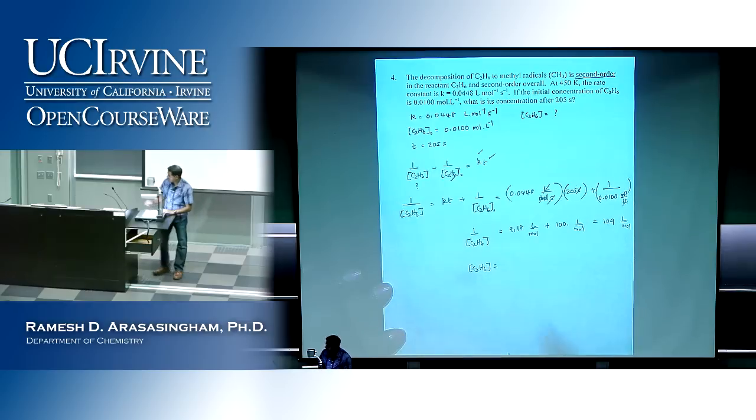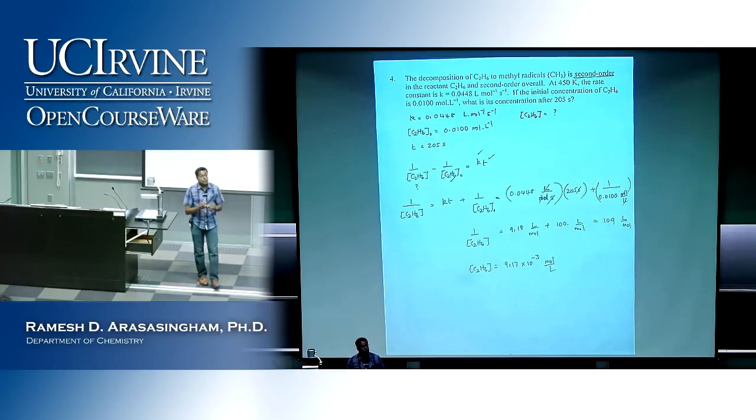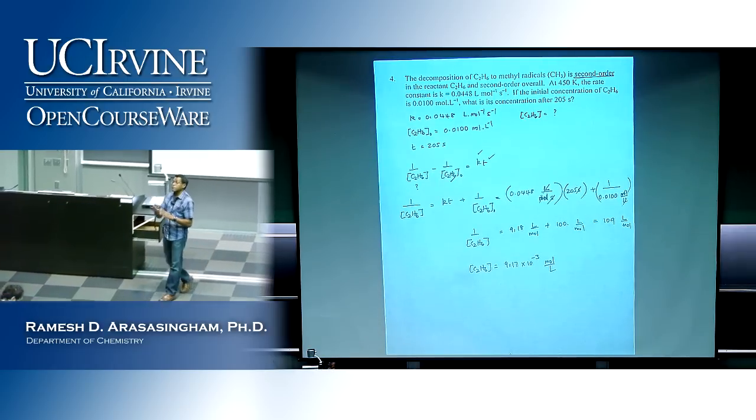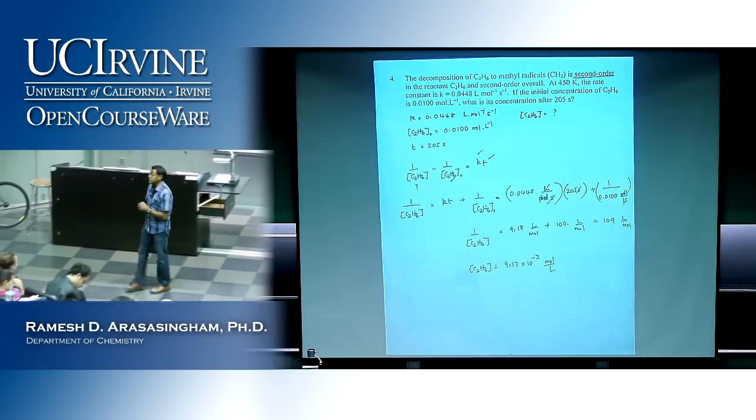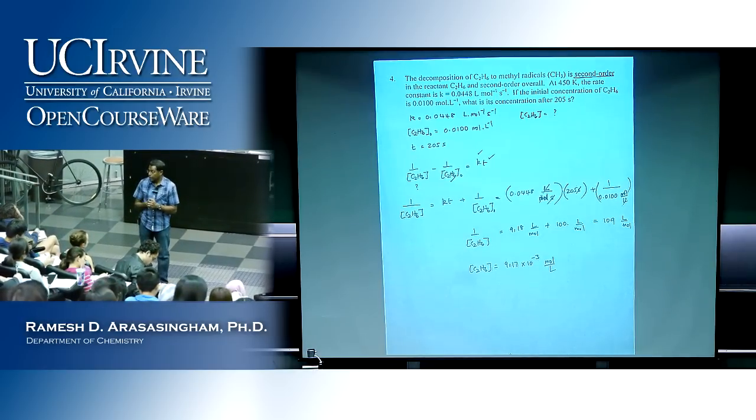So if I take the inverse of that, this comes out to be 9.17 times 10 to the negative 3. Now the inverse of liters per mole becomes moles per liter. And I know that I end up with the right unit, and therefore you know that you haven't made any careless mistakes along the way, because I'm calculating concentration and I end up with the appropriate unit. All right?